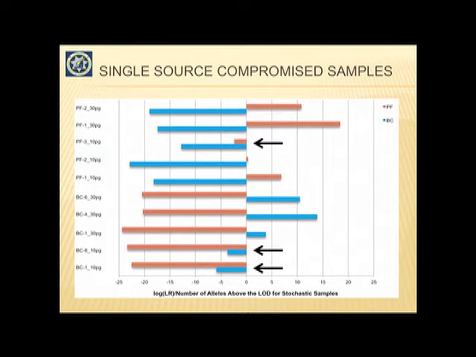PF is indicated in red, BC in blue, and what we have on the x-axis is the log likelihood ratio. So when PF is compared with BC, as you would expect, all those log likelihood ratios were negative because that's not its reference profile.